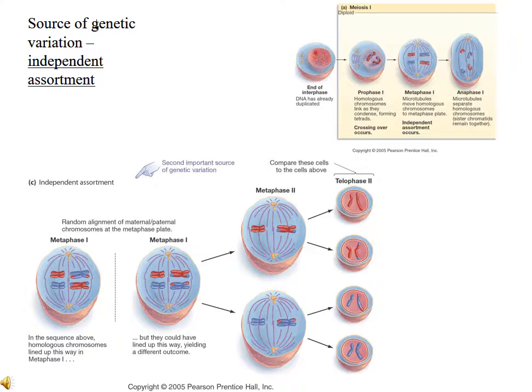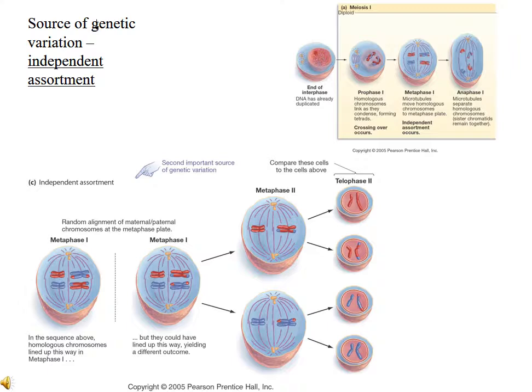However, in the human, we have 23 pairs. So what is to determine which pair goes where? This is an independent assortment process, so that every time in metaphase 1 these pairs line up, an entire new set of gametes will result.